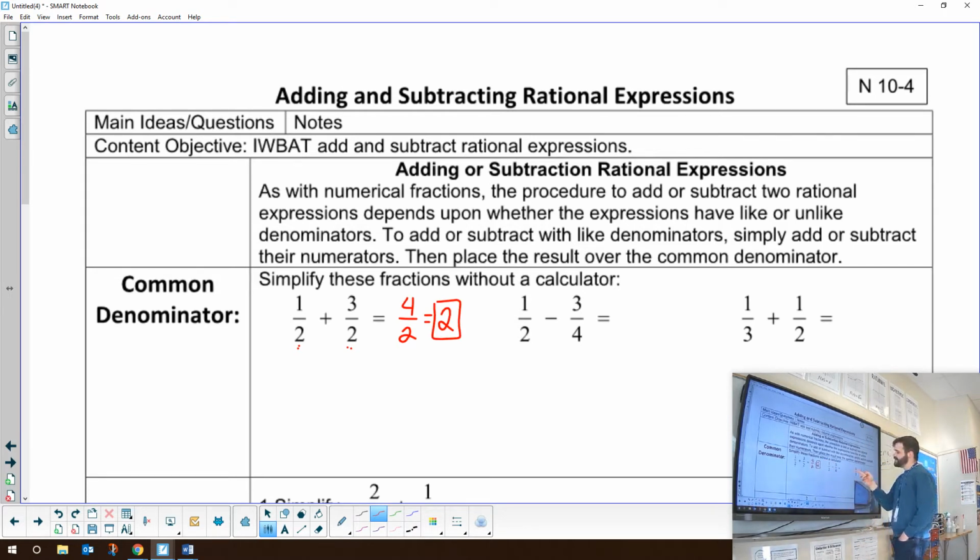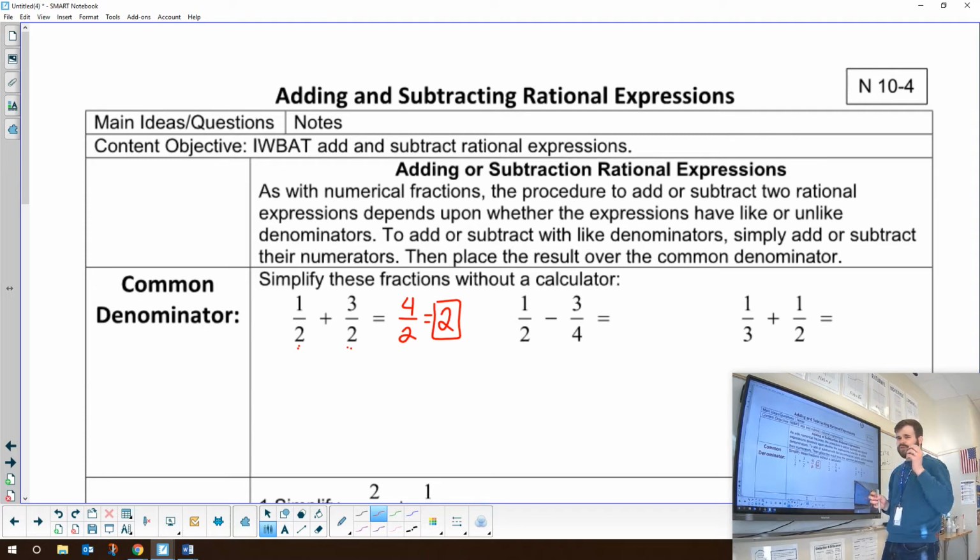Now, the same idea works whenever we are doing other things like 1/2 minus 3/4. The thing is whenever I have 1/2 minus 3/4, I can't add and subtract those in the form that they're currently in because we're not counting the same thing. So what I'm going to have to do is change them to have the same denominator.